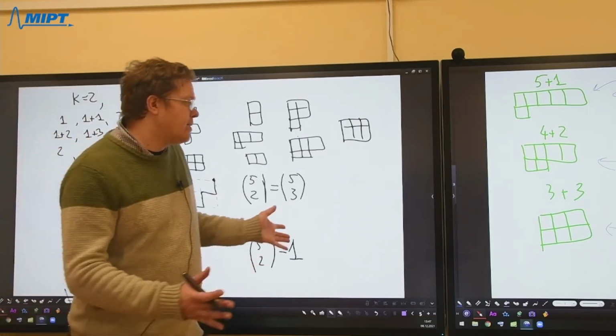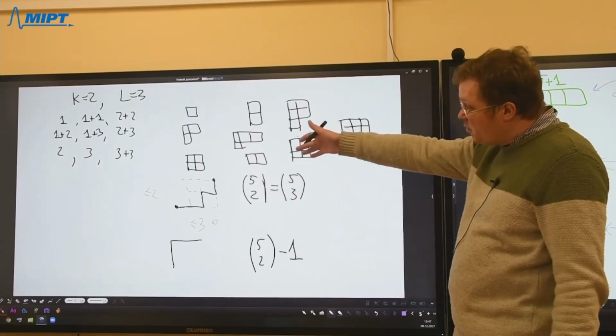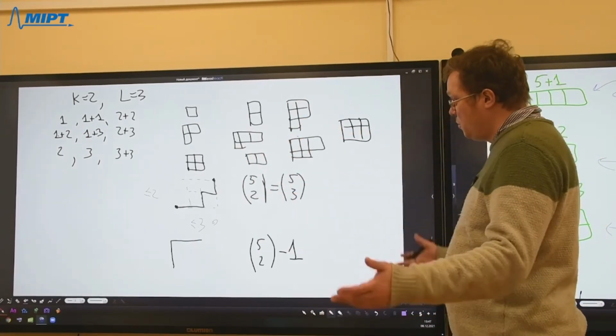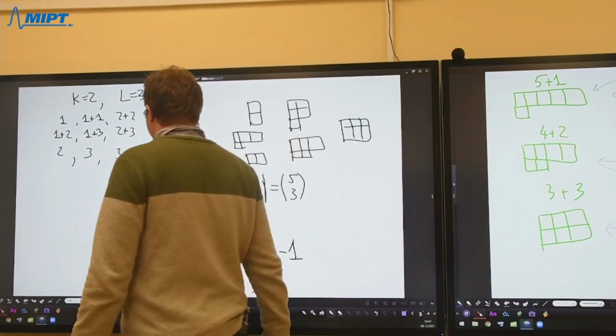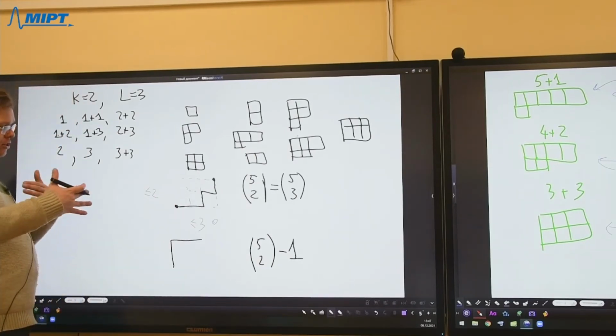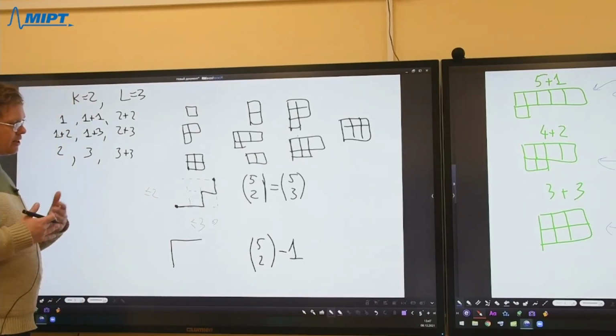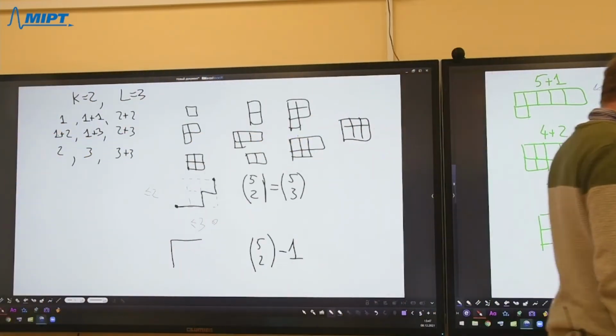Okay, so we can calculate some kind of number of partitions, but not what we want. We cannot get a formula for p(n), but we can get some tricky formulas for partitions with restrictions on the number of parts and the value of the summands.